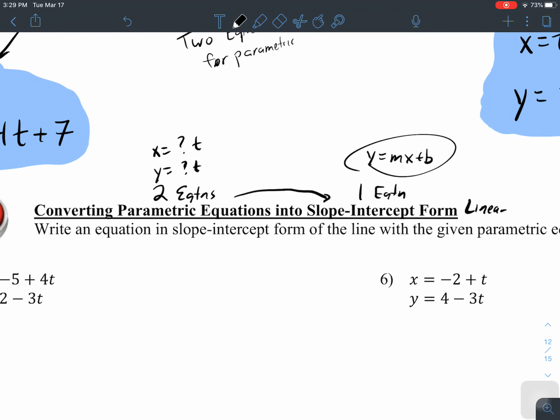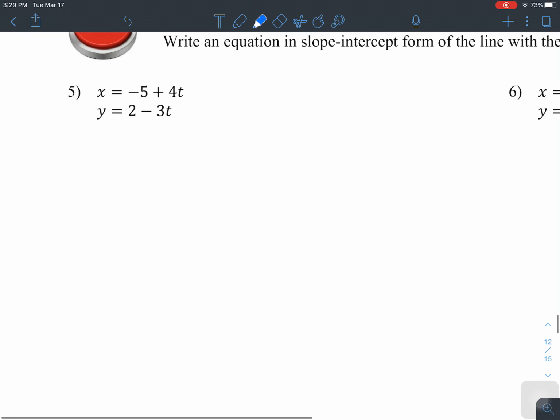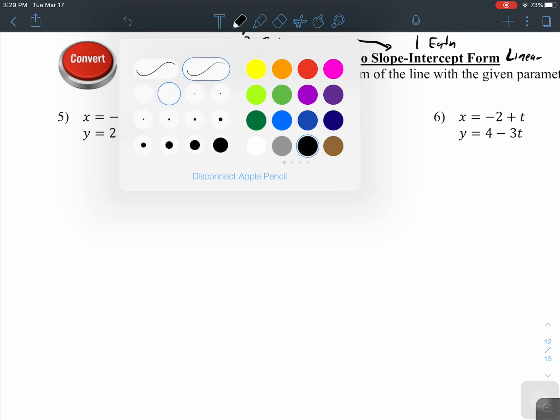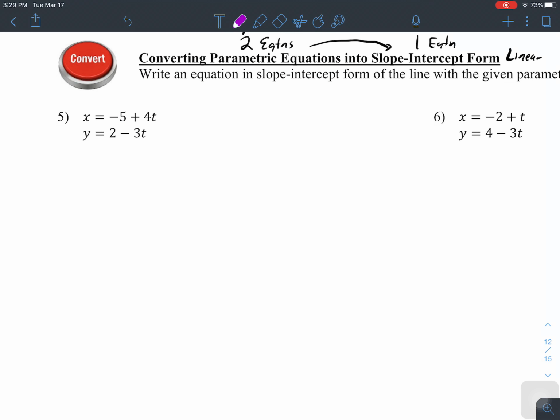You get rid of that variable time when dealing with linear. And I know these both share that variable time, so that has to be the key. So if I look at this one equation, slope-intercept form, what I'm going to do is take these two equations and I will try and color code the steps for you.